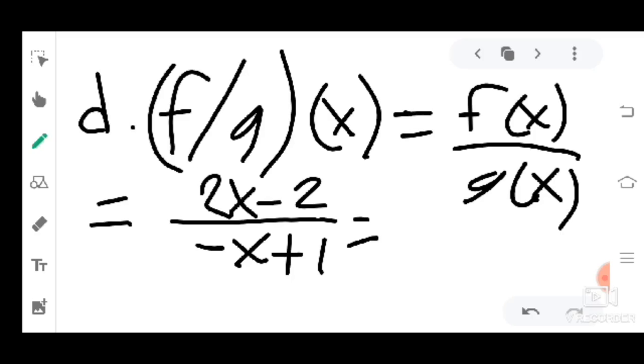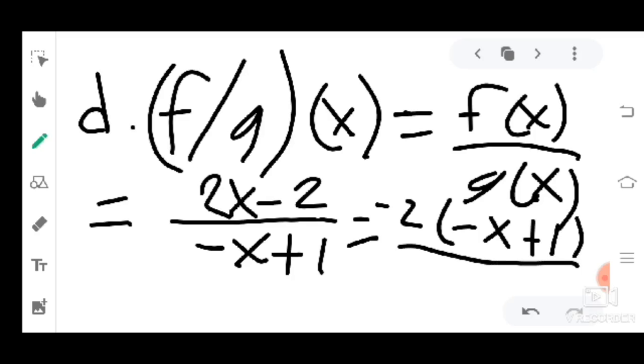I think we can factor out here negative 2. If we do that, you will have here negative 2 times negative x plus 1, all over negative x plus 1.